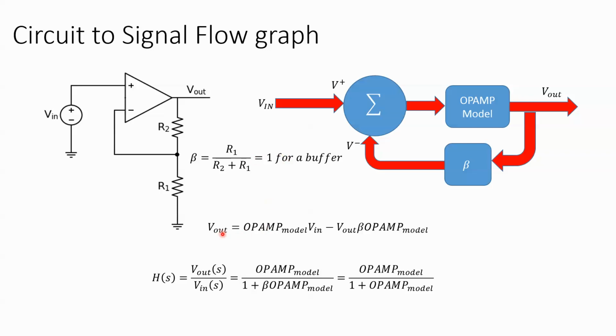And so really the Vout equals the op-amp model times Vin minus Vout times beta times the op-amp model, which will be determined later. So our transfer function, Vout over Vin, is the op-amp model divided by 1 plus beta times the op-amp model, where beta equals 1, because it's just a buffer.